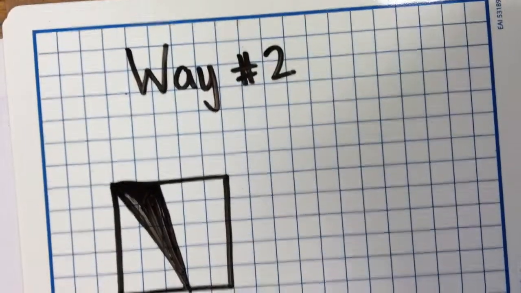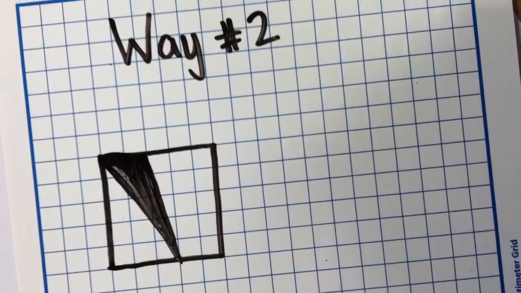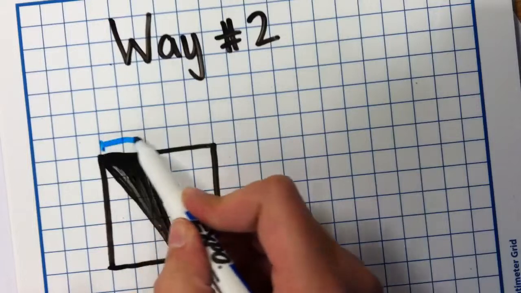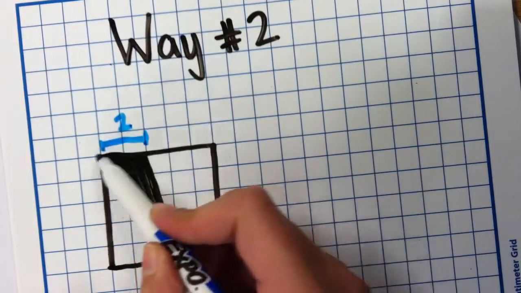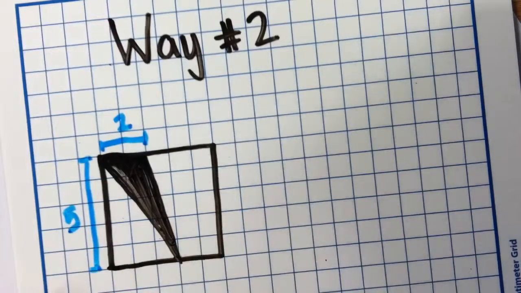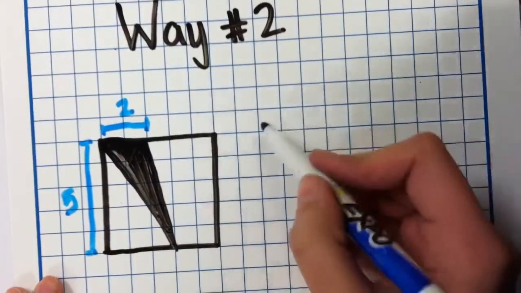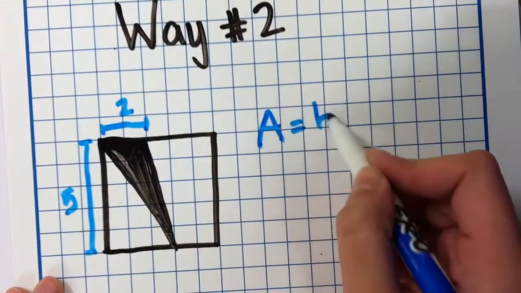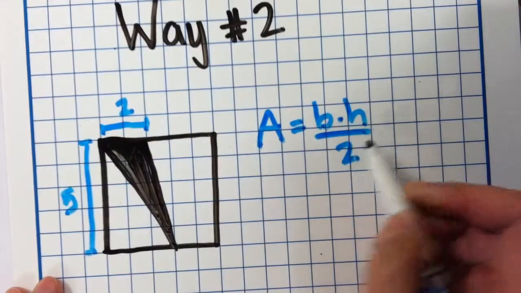The second way to do this problem is by finding the area of the triangle just as is. So I'm saying that I have 2 squares here as my base and 5 squares here as my height. Now I know that the area of a triangle is going to be base times height divided by 2.